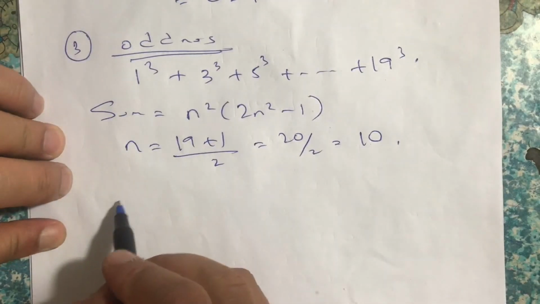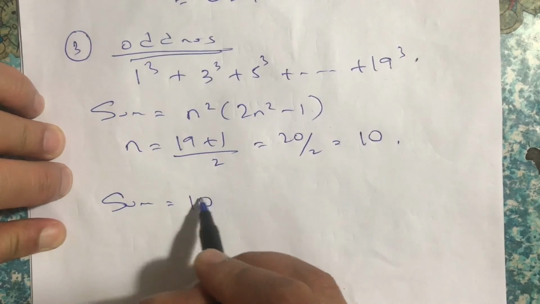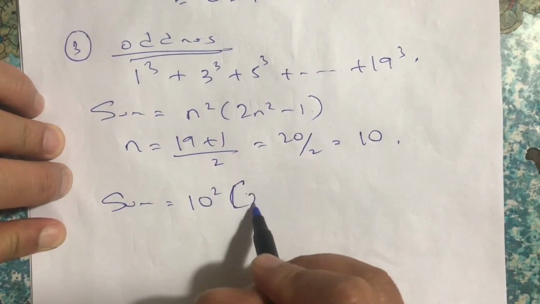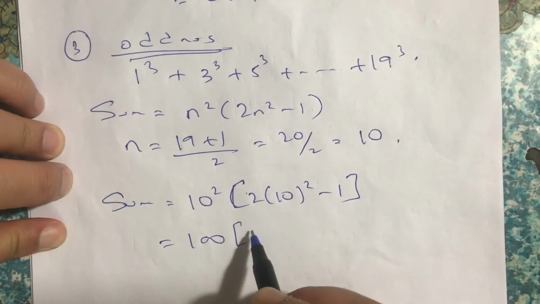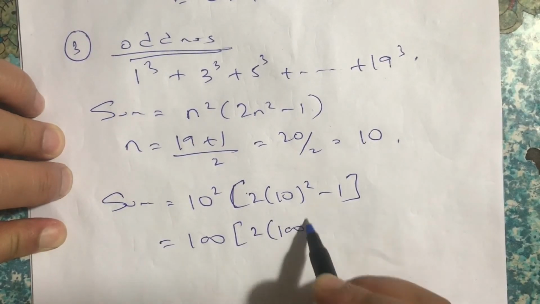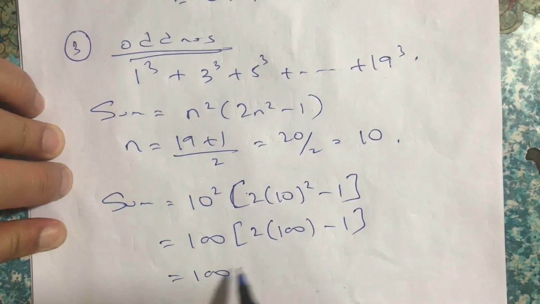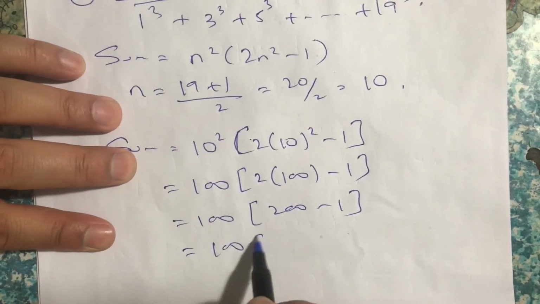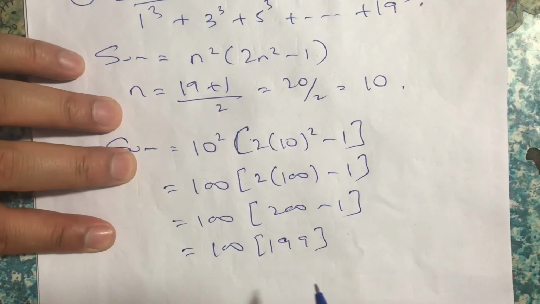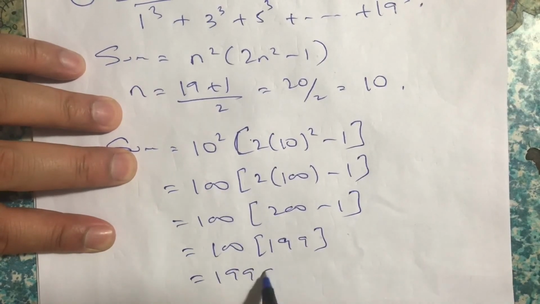Once we get n, the sum is equal to 10 squared, into 2 into 10 squared minus 1. 10 squared is 100, so we get 100 into 200 minus 1, which is 199. So we get 19900.